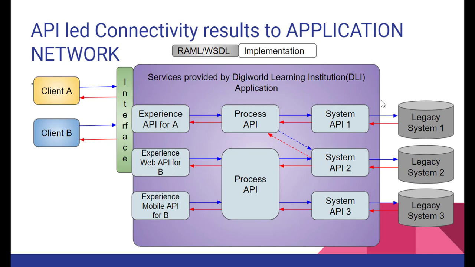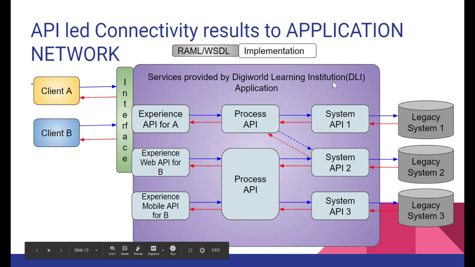Also, the purpose of system API is to interact with the underlying or legacy system, so it will not directly call any other system API to gather information from another system. The process API is the only kind of API which can interact with other experience API, process API, and system API. Experience API can directly connect with process API. So any process API will be able to connect, right?